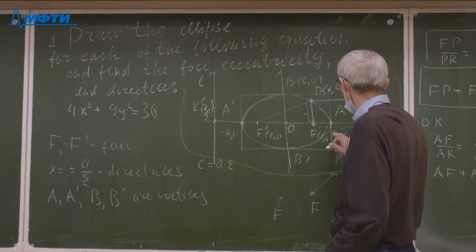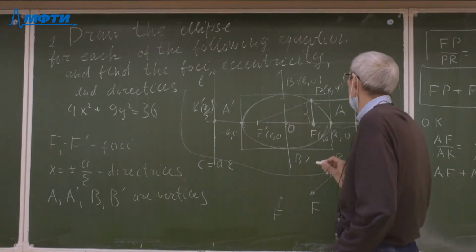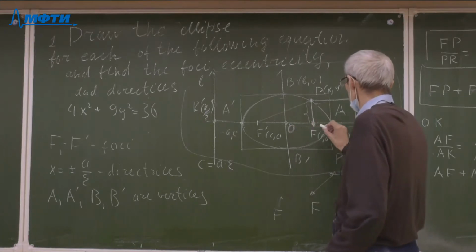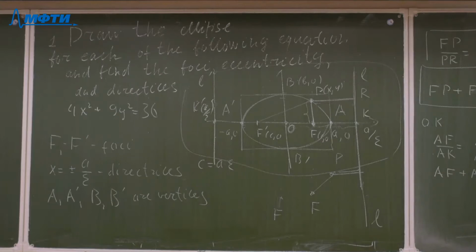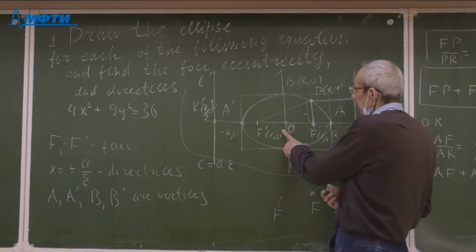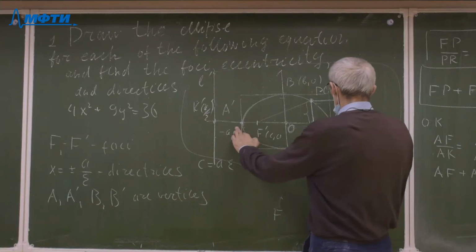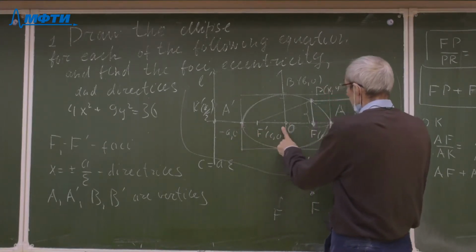Let's fix the distance OA. Let this distance be equal to a. And we fixed OA equal to a, and we fixed the distance A prime A, which by definition is equal to twice a, because O is the middle of the segment A prime A. By definition, OA prime is equal to OA.